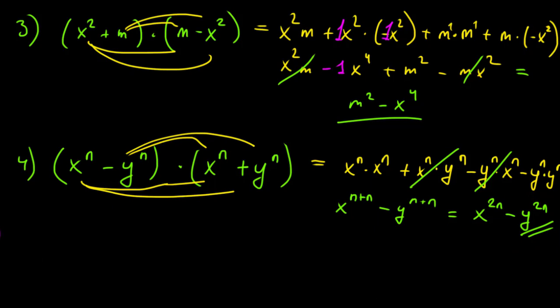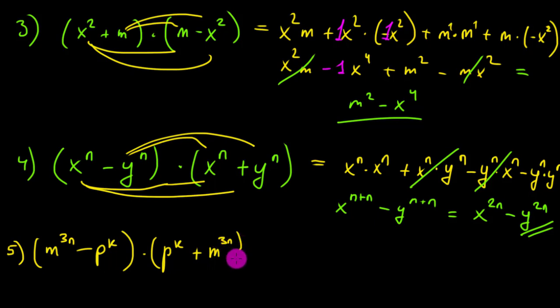And let's see the fifth question, which is m to the power of 3n minus p to the power of k, times p to the power of k plus m to the power of 3n. Okay, let's see what we can do here. So the same process. As usual, you multiply each one.